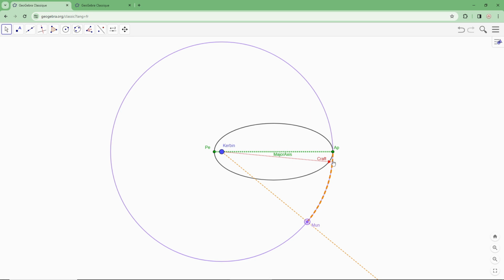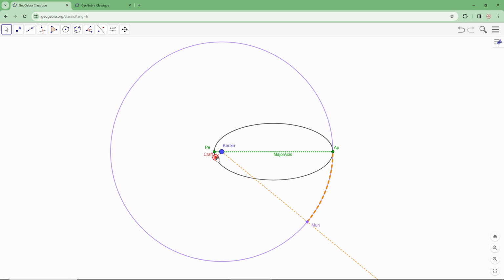So for that you have to calculate the time your craft needs from its periapsis to its apoapsis, and this is a simple one, because when you have the characteristics of your orbit, when you know the periapsis and the apoapsis, you are able to calculate the period of your orbit.